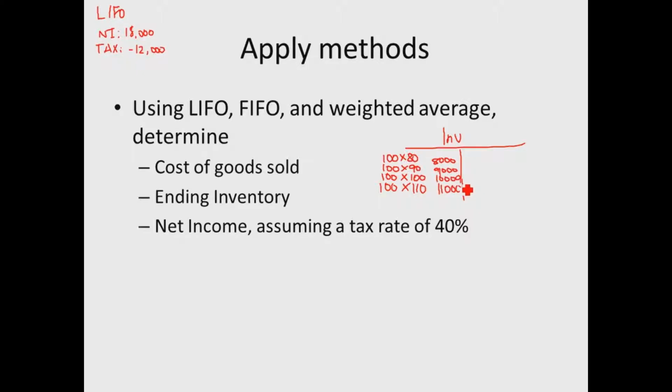Now I'm thinking I sold 50, 50, 100, 50, 50, right? That was my pattern of sales. So if I sold 50 books, which books did I sell? I sold the ones that were first in.